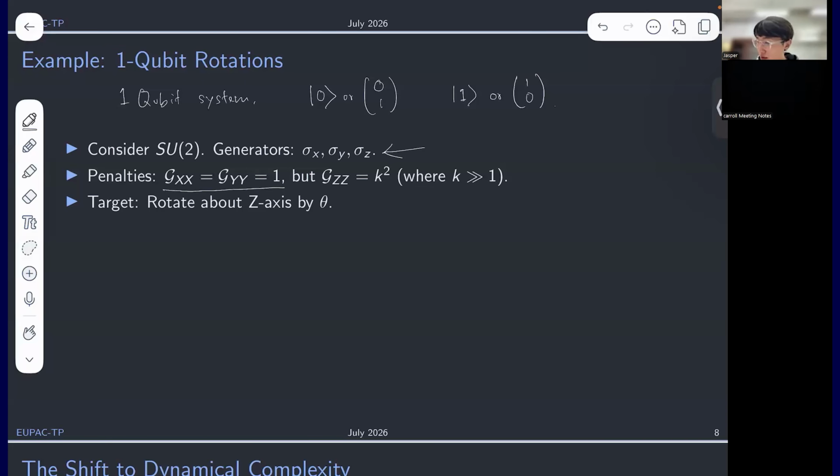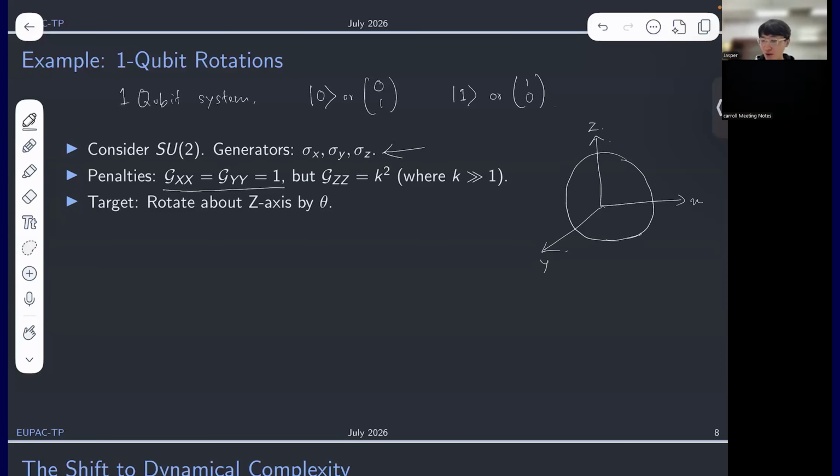So the situation that we have, if we imagine, is a three-dimensional sphere. We can call the axes X, Y, and Z, right?